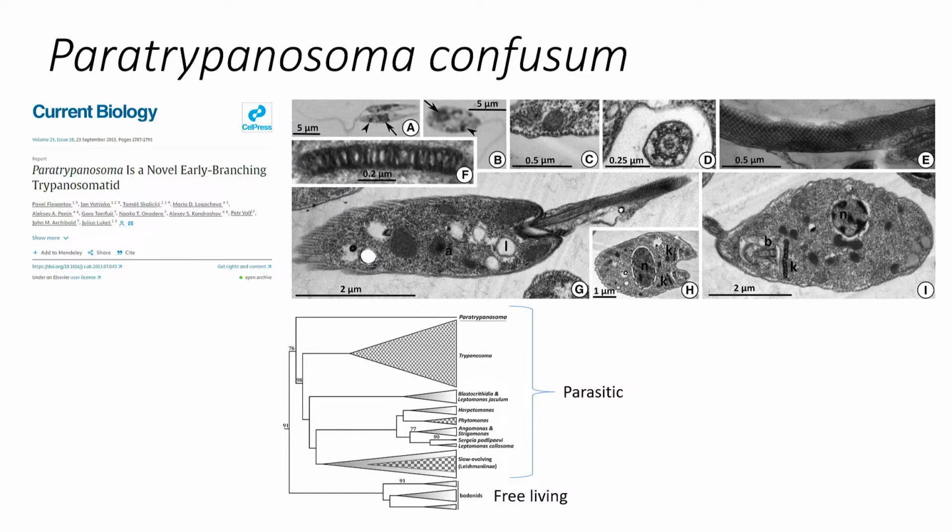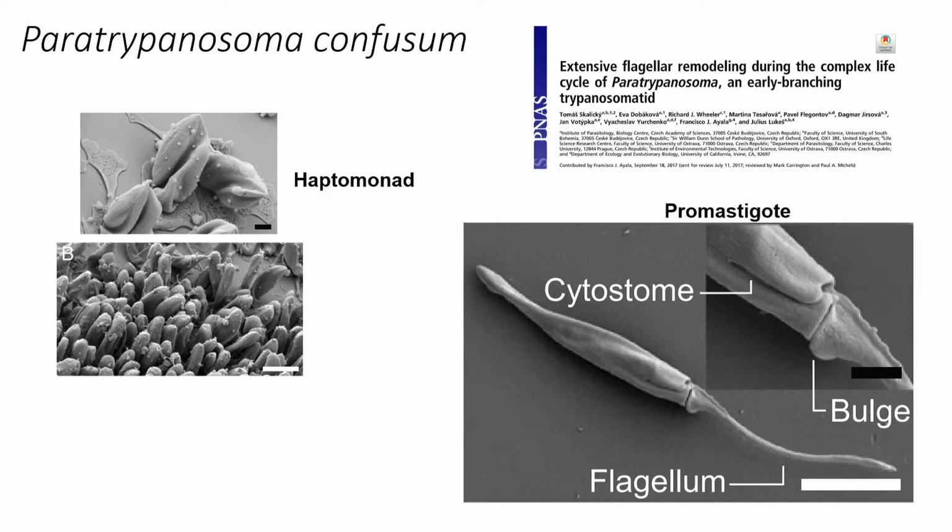So these cells may give us some hints of how the evolution of parasitism occurred in the trypanosomatid family.